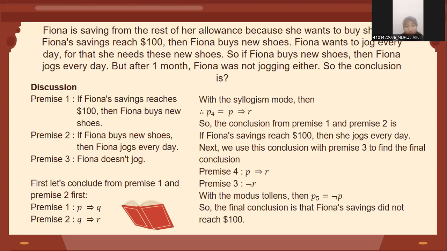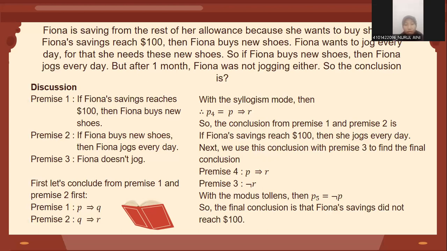With hypothetical syllogism, we get premise 4. It makes P then R. So the conclusion from premise 1 and premise 2 is if Fiona's saving reaches $100, then she jogs every day. Next, we use this conclusion with premise 3 to find the final conclusion.